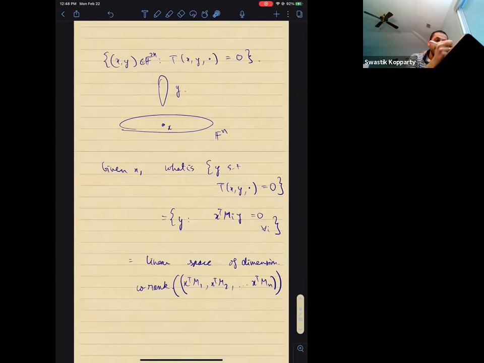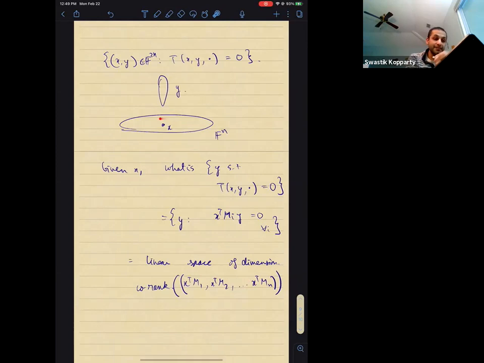Okay, so what's the dimension of the y's that have this property? Well, it is the co-rank of this. Good. So there's a natural way to understand the dimension of this variety by breaking it up in cases on the x's. Look at the x's for which this co-rank is a certain i.